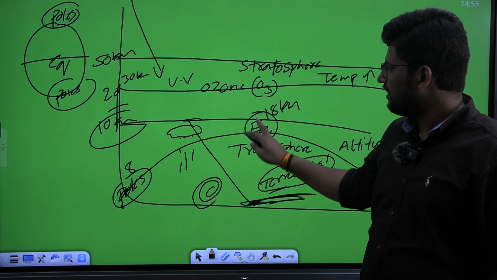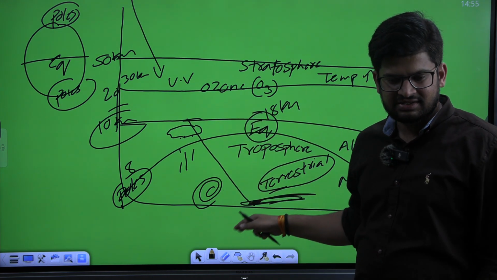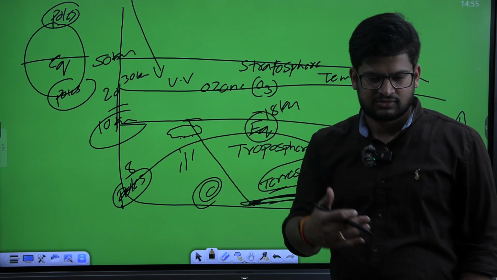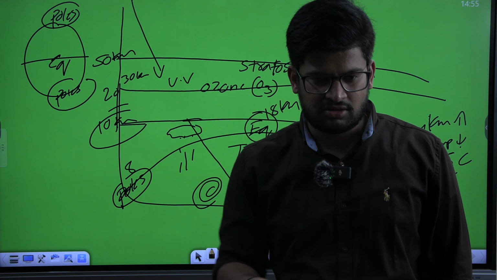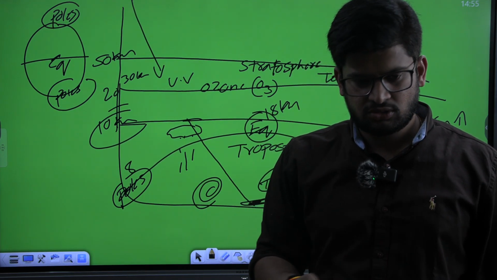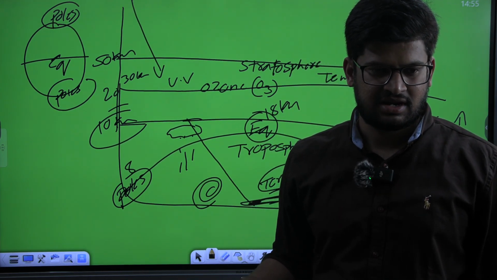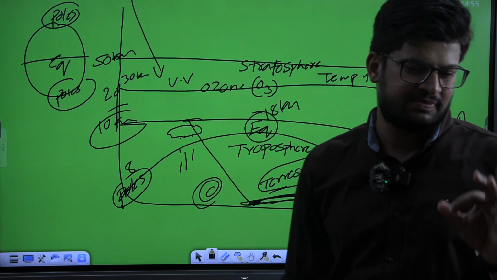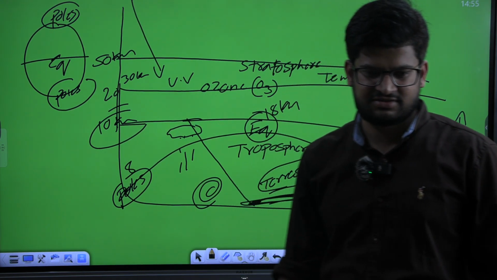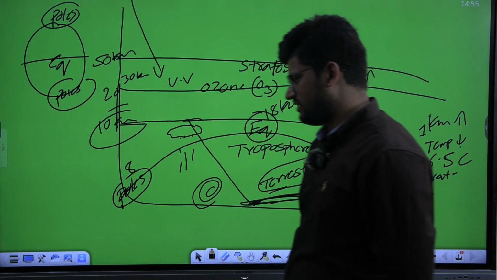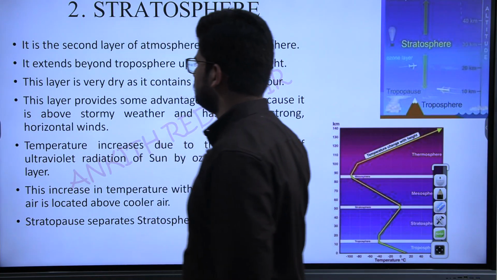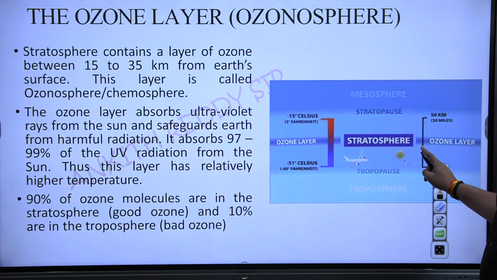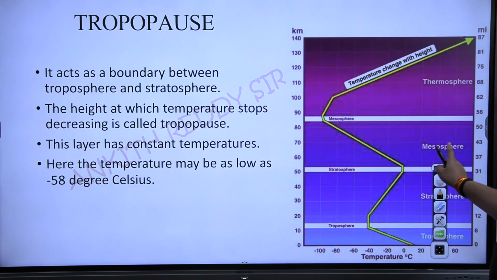Since all the weather related phenomena take place in the troposphere, in the lower stratosphere there are no clouds and no weather disturbances, and the winds move horizontally. That's why the lower stratosphere is ideal for flying aircraft.